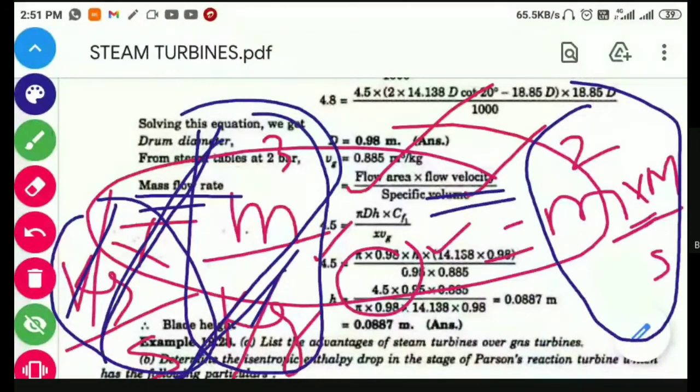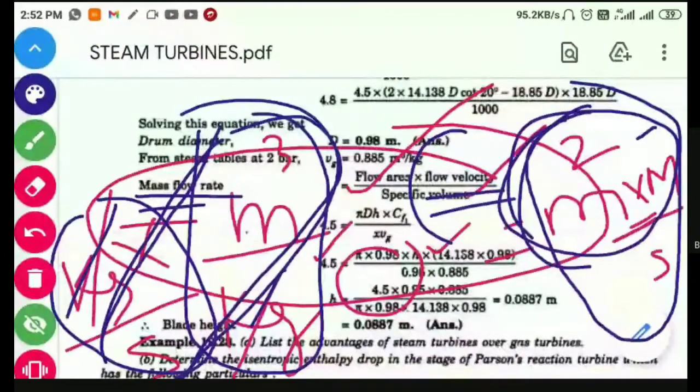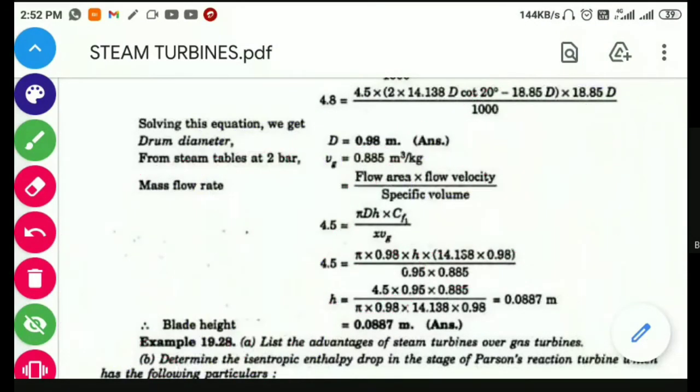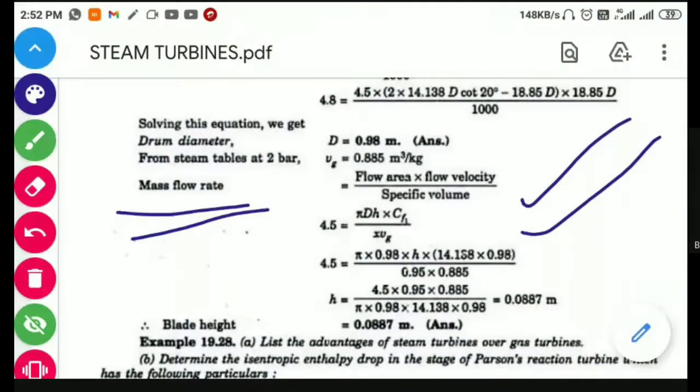Flow area in meter square times flow velocity in meter per second is also meter cube per second. So both are balanced. This is the formula for mass flow rate, revised again just for idea.